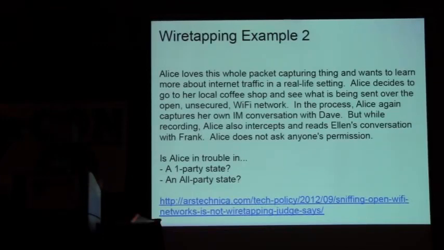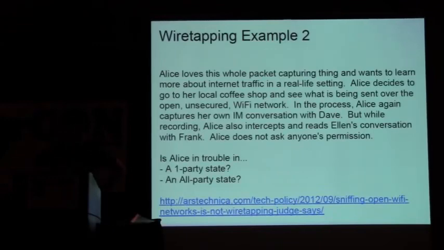But there was a court case just last month, in Illinois no less, where the judge said, because it was an open Wi-Fi network, because it wasn't secured, there is no wiretapping here. If it's an open Wi-Fi network, it's the same thing as going out in the middle of the street and just shouting your conversation.